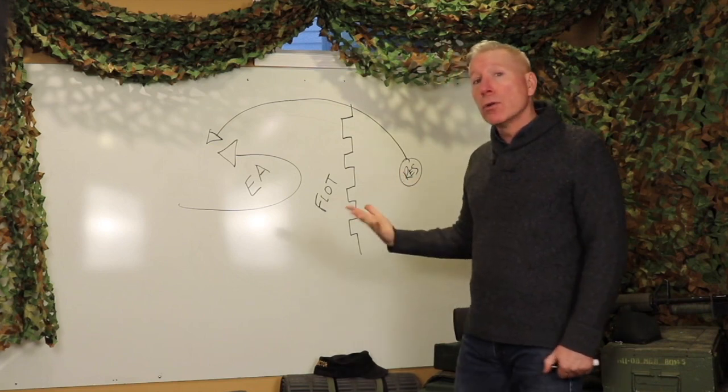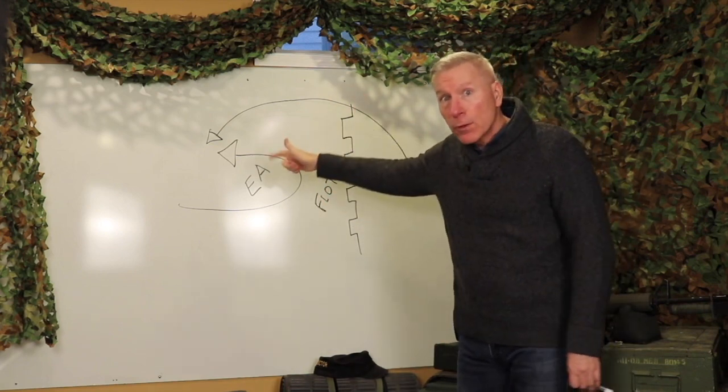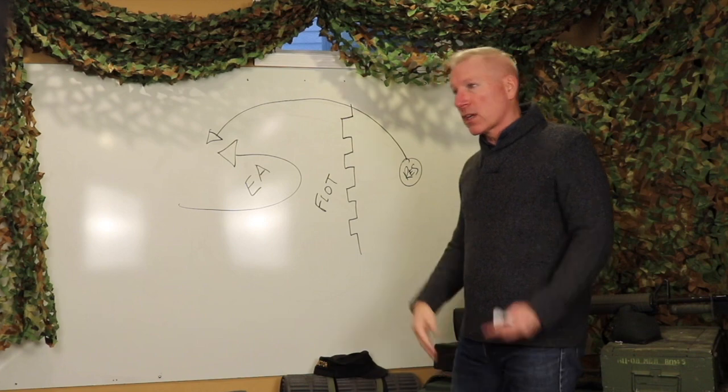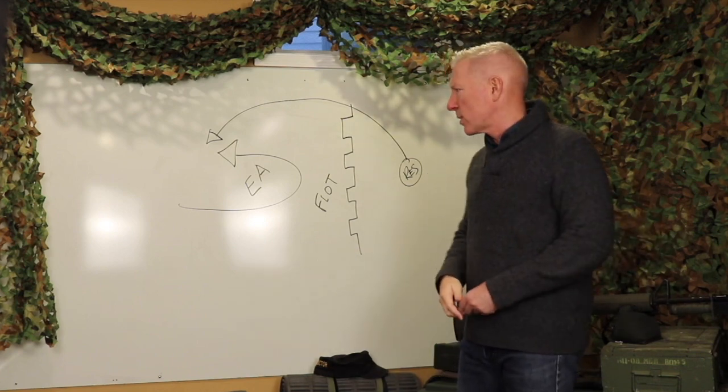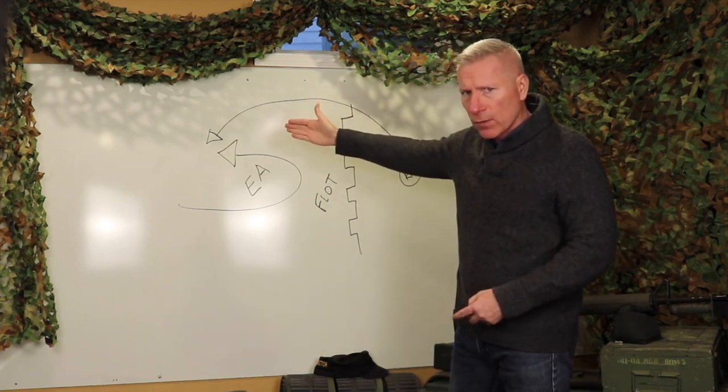Of course, I would argue there are other assets rather than infantry that are better suited for this. I don't know, artillery, close air support, this sort of thing. Why risk your infantry?